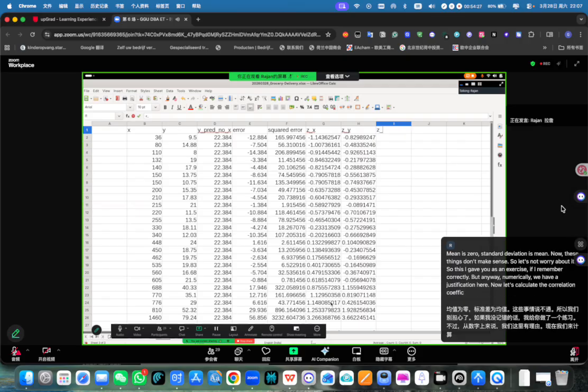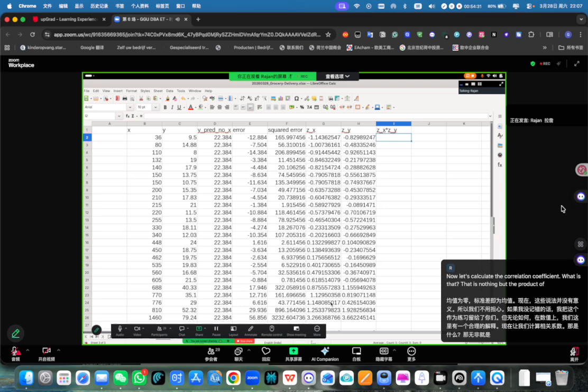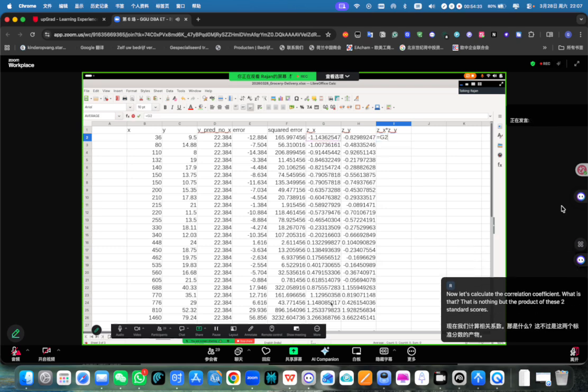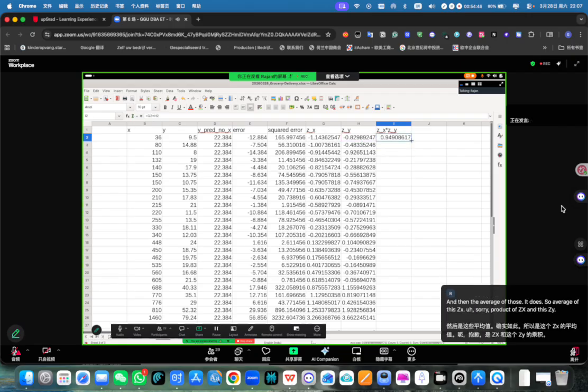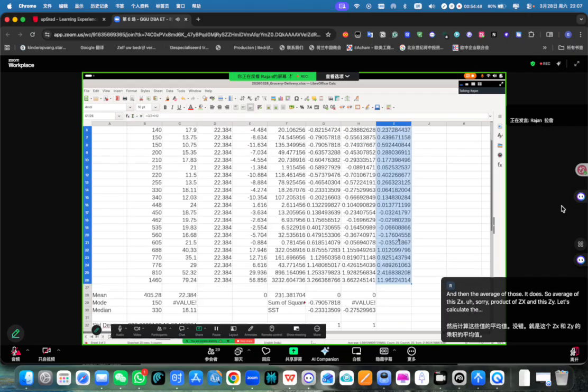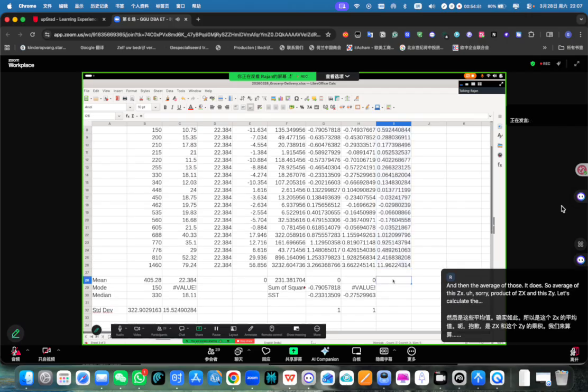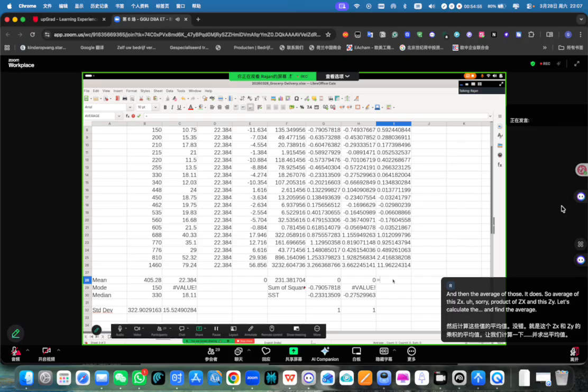What is that? That is nothing but the product of these two standard scores and then the average of those, right? This times this. So average of the product of ZX and ZY. Let's calculate that and find the average. In the formula, the average is usually taken as the number of the count.